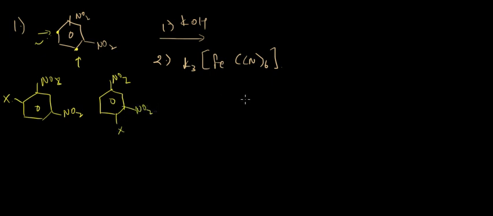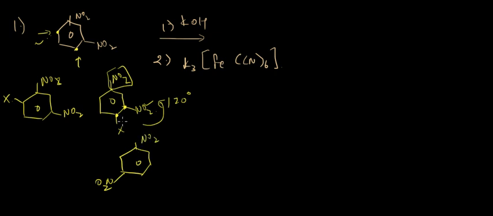So what will happen? Suppose I rotated this benzene ring in the same plane by 120 degrees anti-clockwise. What will I be getting? Something like this. This NO2 will come at this position, this NO2 will come at this position, and this X will come at this position.